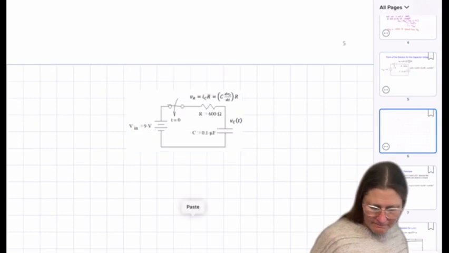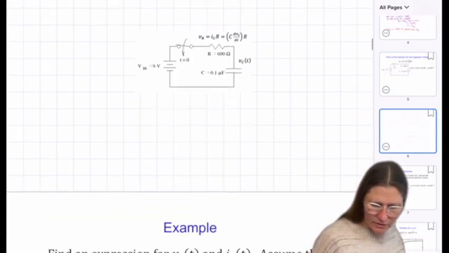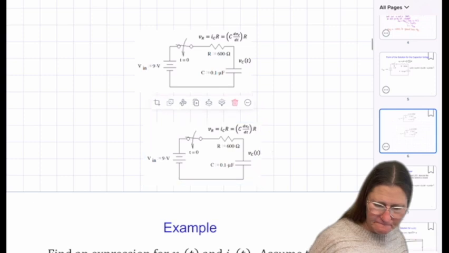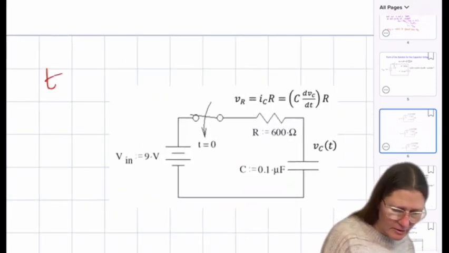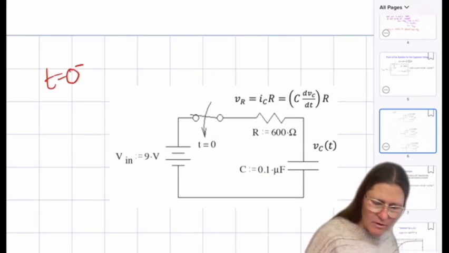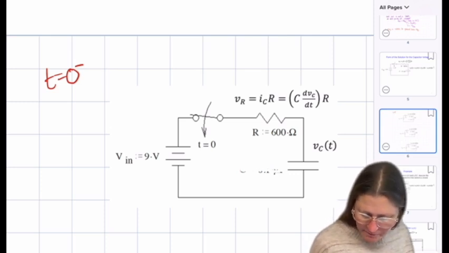Okay, 2, and then 3. All right, so t equals 0 minus. What did we do with the capacitor?